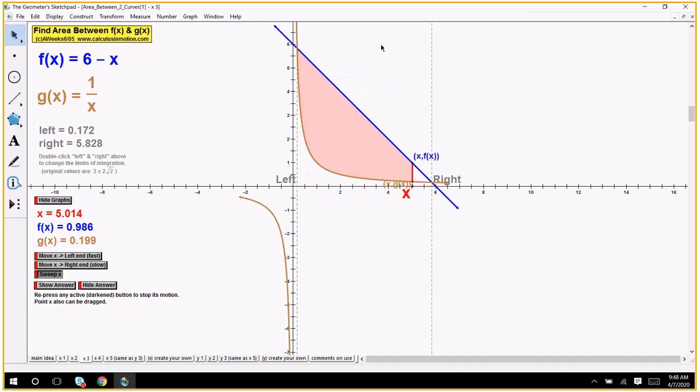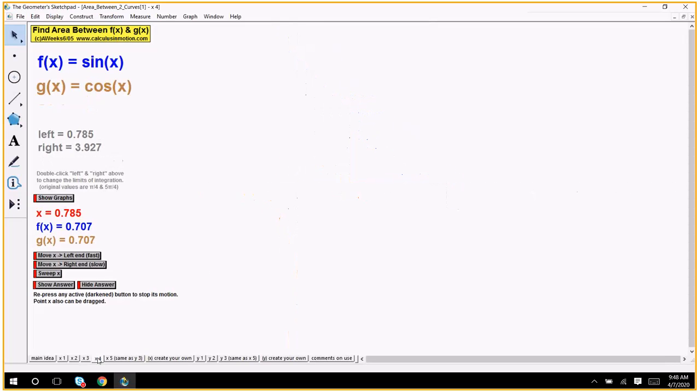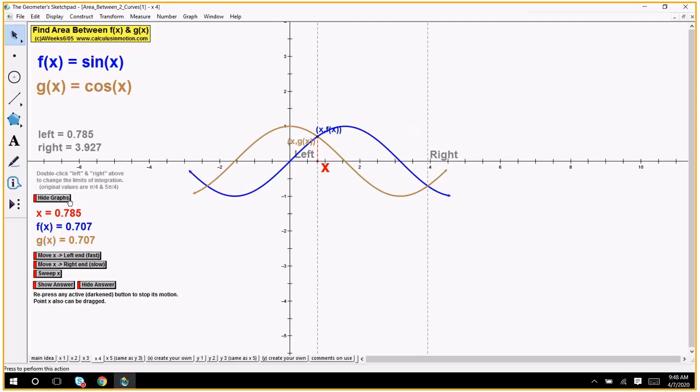But as you can see, if we didn't have calculus, it would be very difficult to find the area under a curve. This is sine and cosine, which you don't need. And in business, you're talking about the area under a curve when you get into marginal cost versus marginal revenue and all that good stuff.